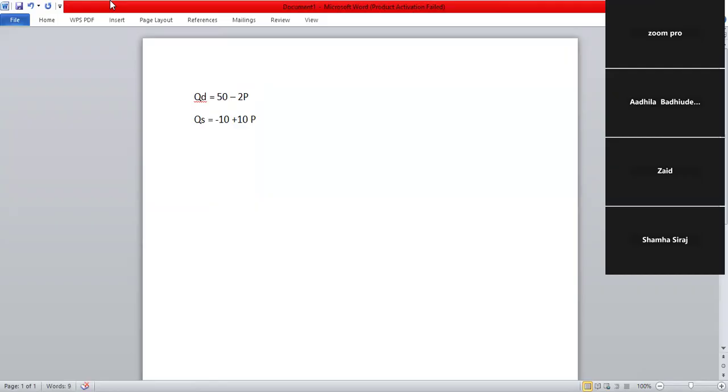QD equals 50 minus 2P, QS equals minus 10 plus 10P, right? First one, equilibrium price and equilibrium quantity. Quickly answer.